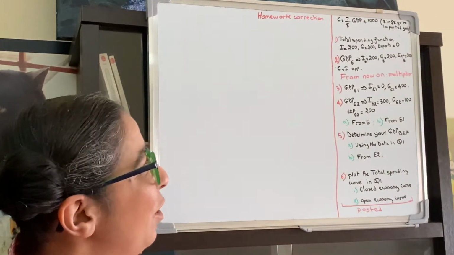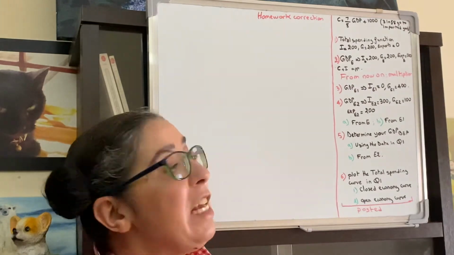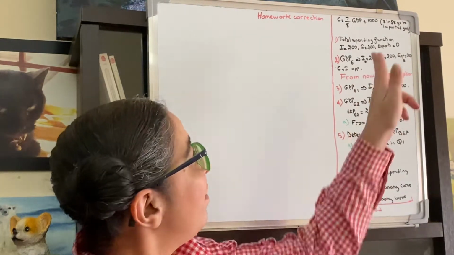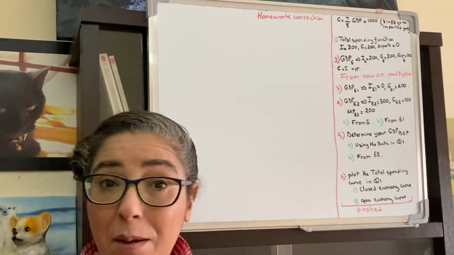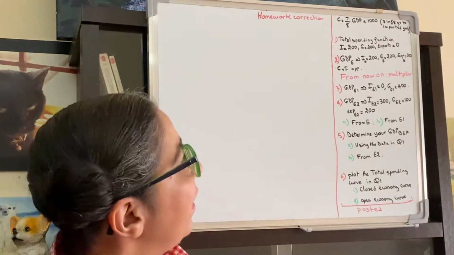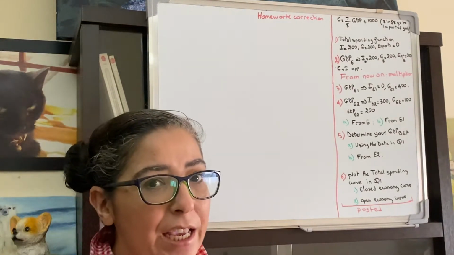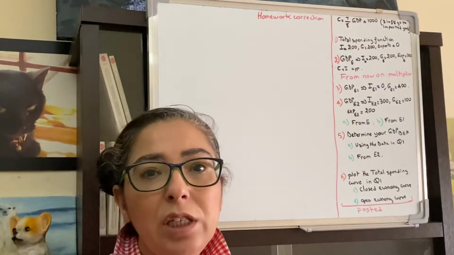What they're telling me in this exercise is that my consumption function is 7 over 8 times GDP plus 1000. So this is my constant B and this is my slope, which is my MPC. And they're also telling me that 3 in $8 go to imports.